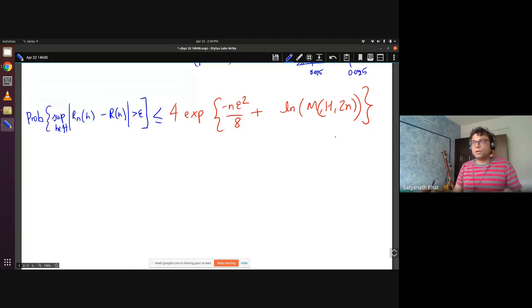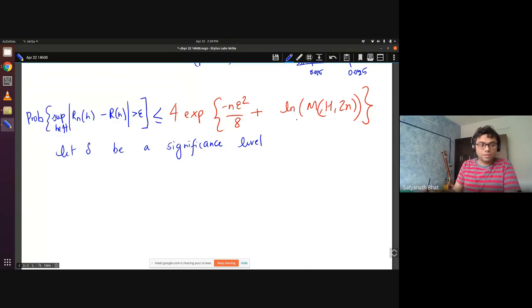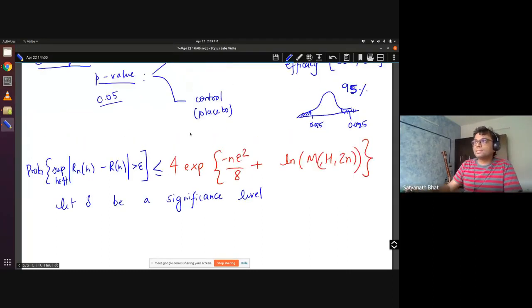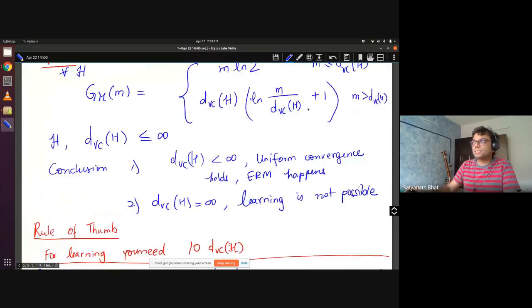So now what you can do is choose a significance level delta. Let delta be a significance level, right? And we know that the second term, assuming that you have enough data samples, you can replace with this.